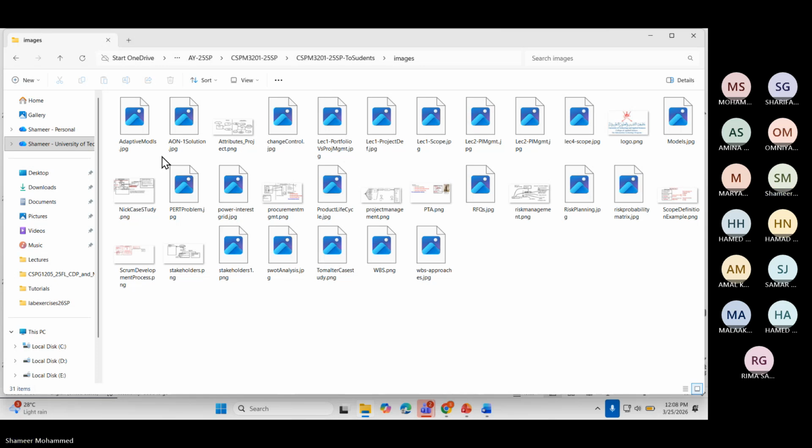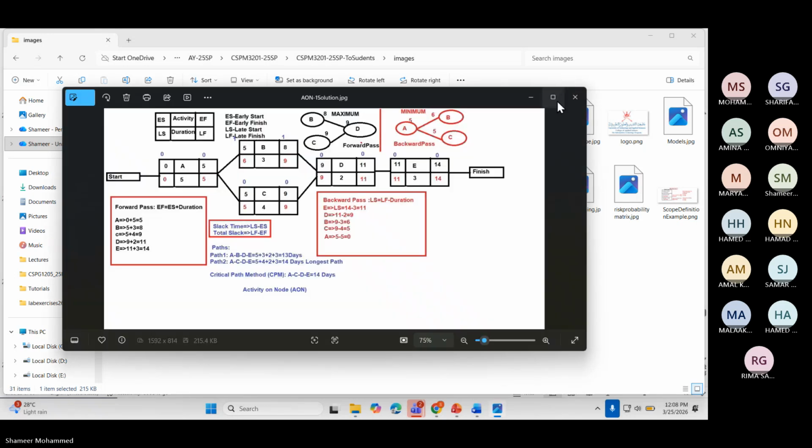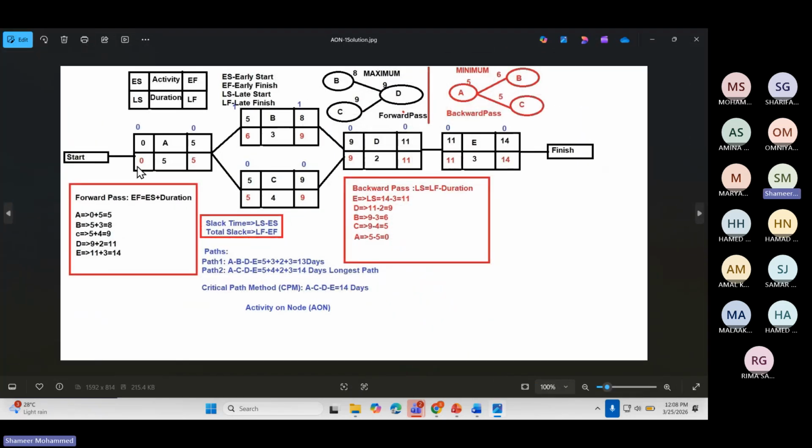Okay, like this is called the network diagram using activity on nodes, activity on node technique. Okay, this one.